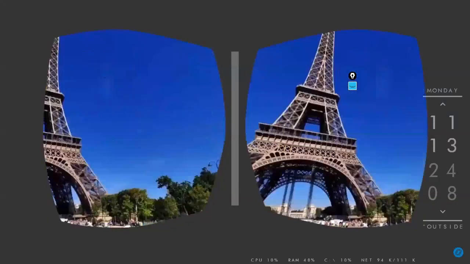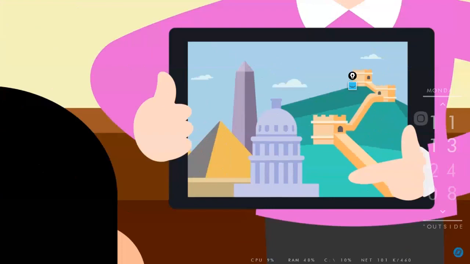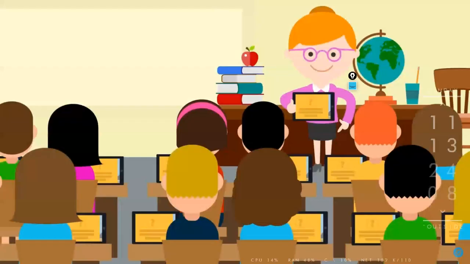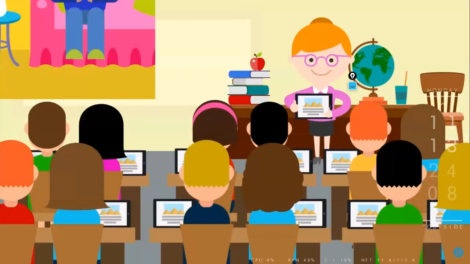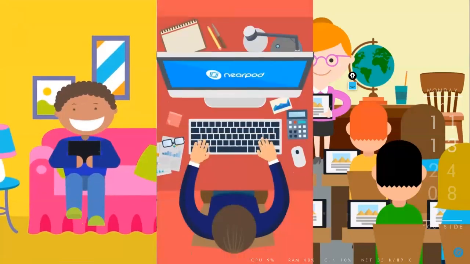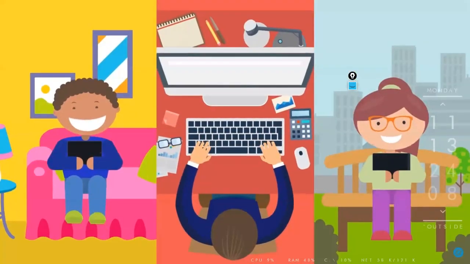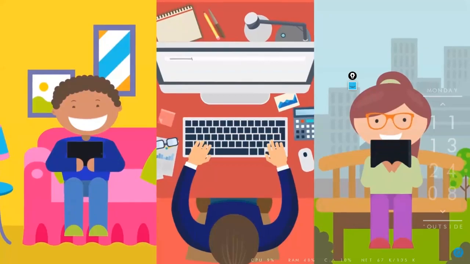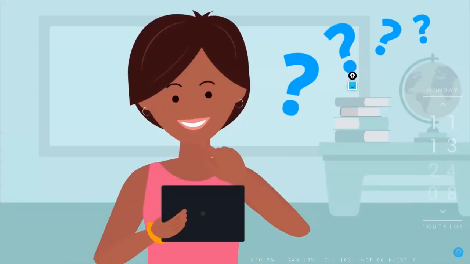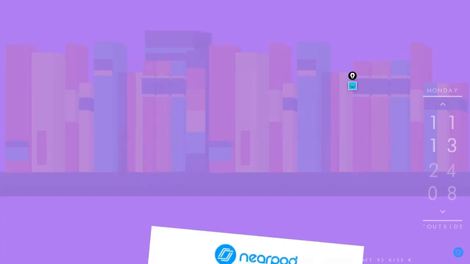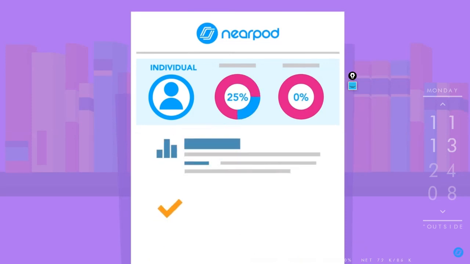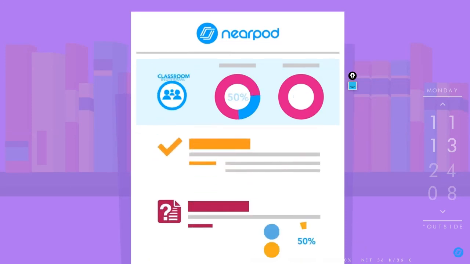Teachers launch a live lesson. Students enter a lesson code and the lesson is synced to all student devices. Teachers can also launch student-paced lessons, which allow students to complete a lesson on their own time wherever they are. Teachers get real-time feedback on student understanding and can access post-lesson reports to assess individual and class performance.